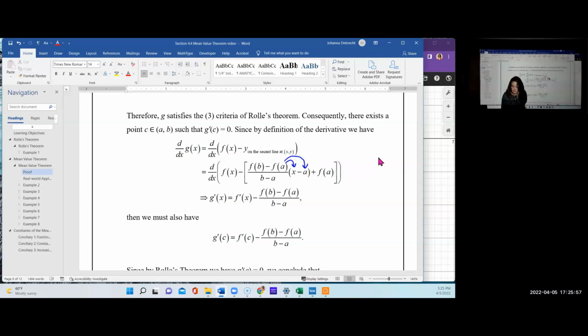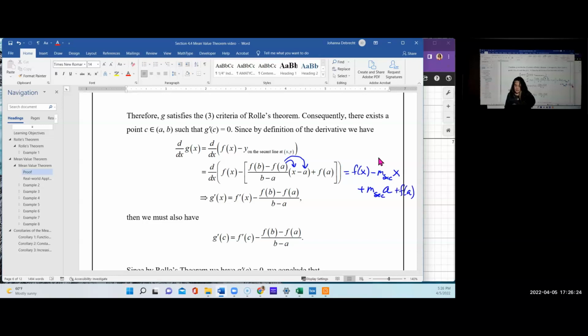So in other words, if I use m secant to replace f of b minus f of a over b minus a, this becomes f of x minus m secant times x minus m secant times negative a, which would make it a positive m secant a plus f of a.